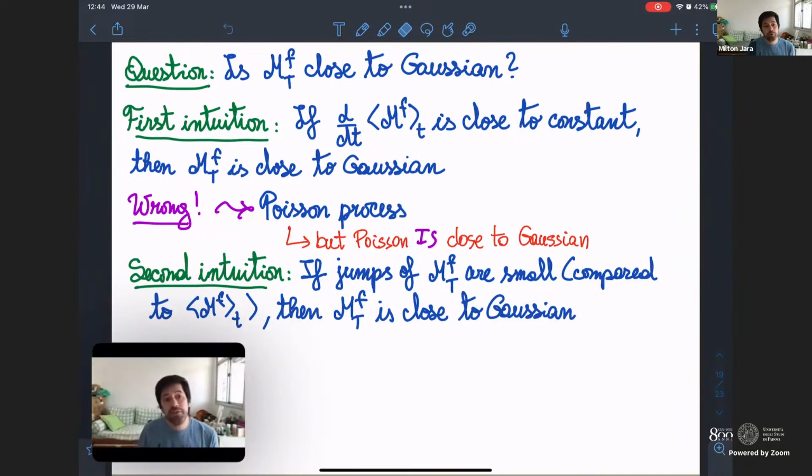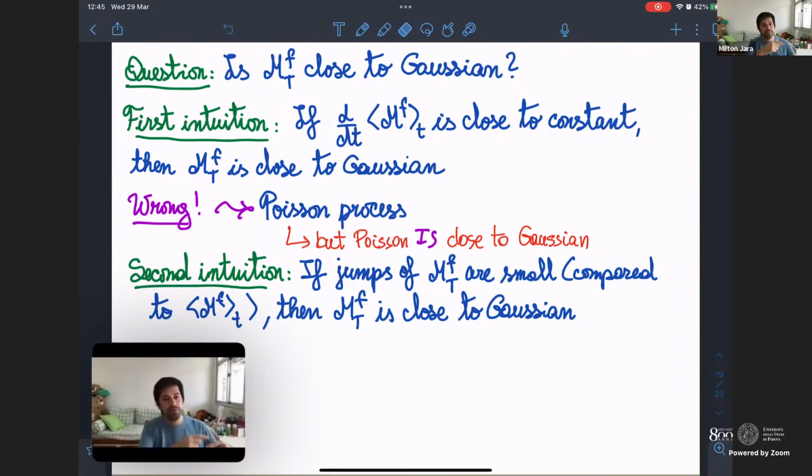But this Poisson process, which is a counterexample, also hints at what is missing, because if you take t very large in a Poisson process, then it looks like a Gaussian random variable because of the CLT for Poisson random variables. And what does it mean to take a large t if you bring this t back to fixed t?